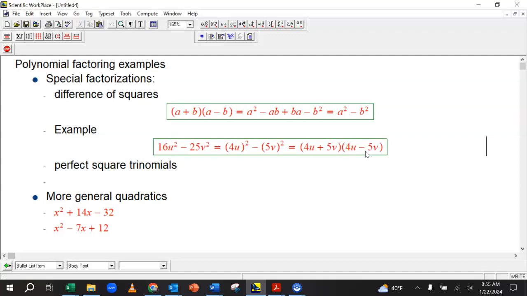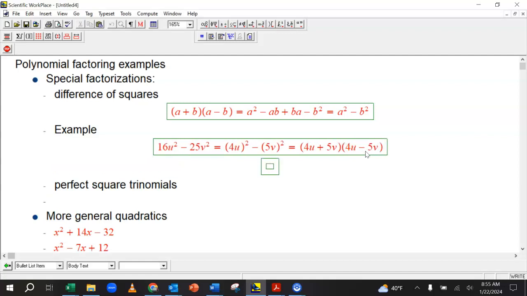It even works if something's already in parentheses, say 2x minus 3 squared minus 4x plus 7 squared. That's going to be a little funky, and maybe a little less likely to see in practice, but you definitely could see something like that. So that's going to be the quantity 2x minus 3 plus the quantity 4x plus 7.